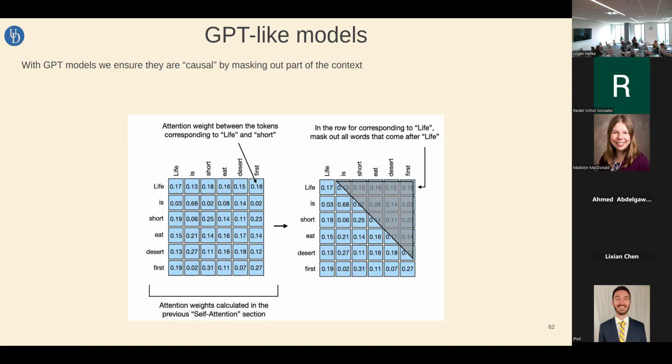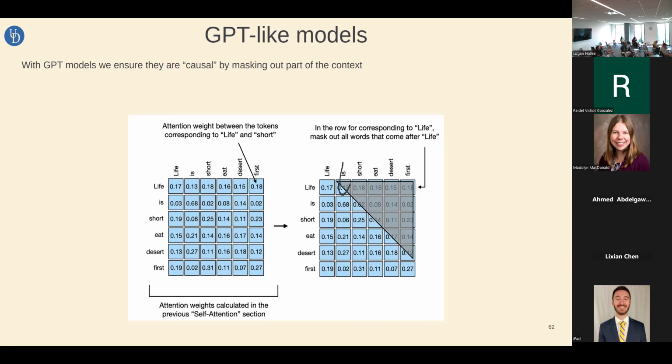So if we look at our example, if we're at the "is" position here, "is" can see "life, life is," but it doesn't see anything beyond that. It doesn't see short or eat or data set or first, even though that's technically in the input. We're keeping it from seeing that by zeroing that out.